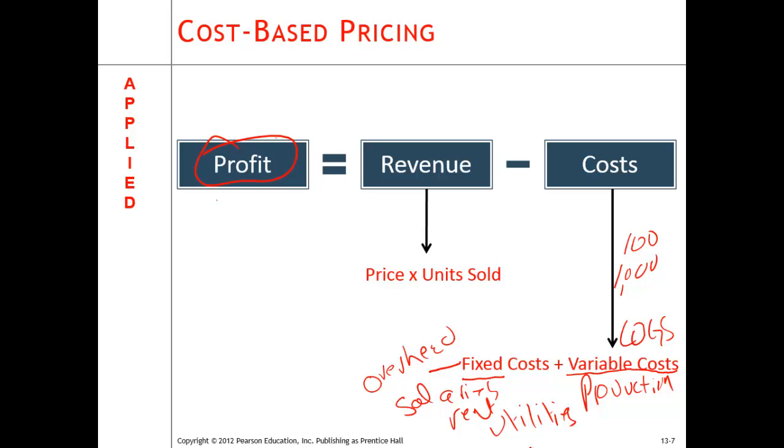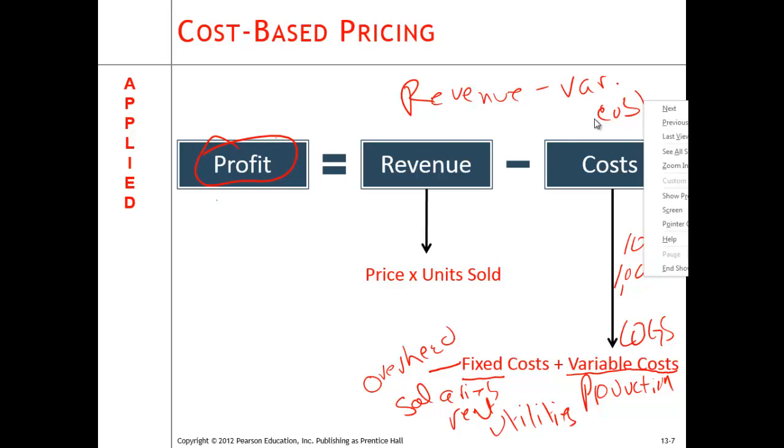Most firms will target a specific gross profit. Gross profit is the difference between our sales revenue and our variable costs, or again, our cost of goods sold.